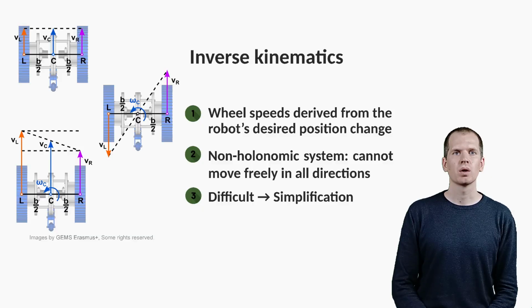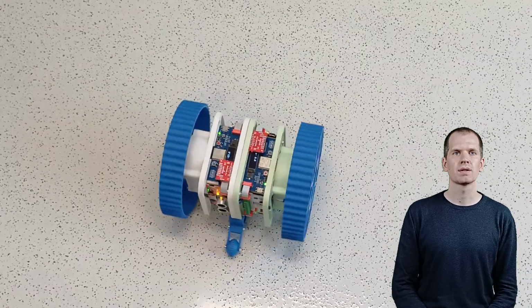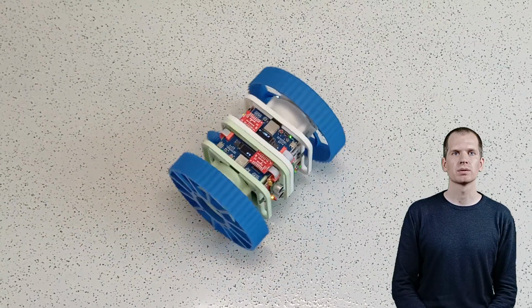For this case, we can make the question of inverse kinematics a lot easier if we simplify it to: what should the rotation speeds of the two wheels be for the robot to have a certain linear and rotational speed. There are three distinct cases we can look at. First, only linear motion and no rotation. Second, no linear motion and only rotation.